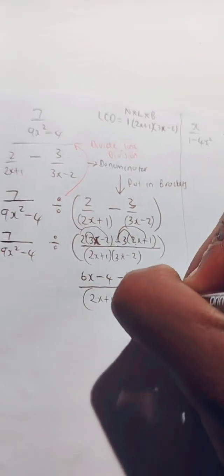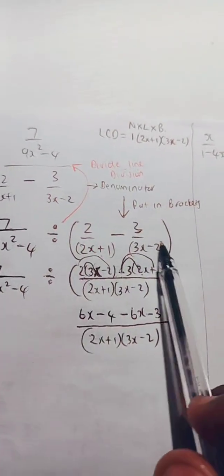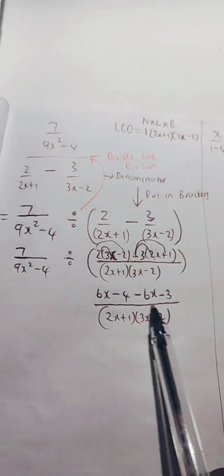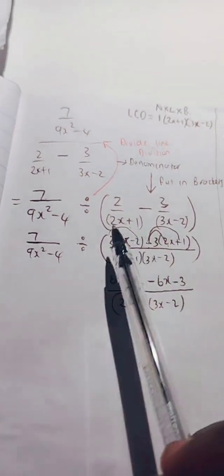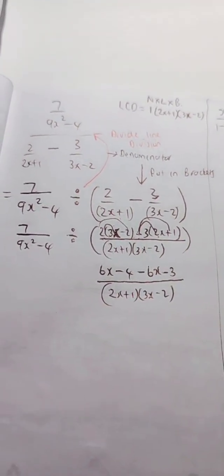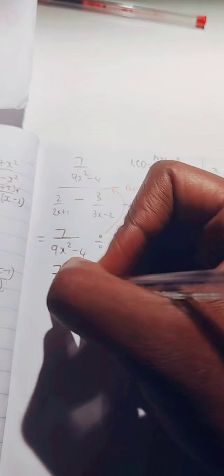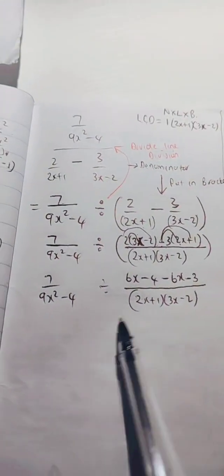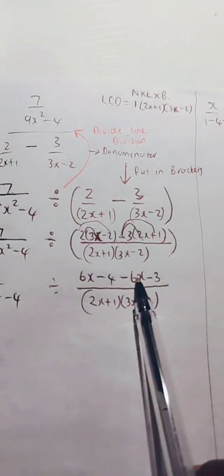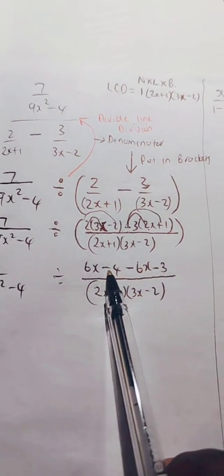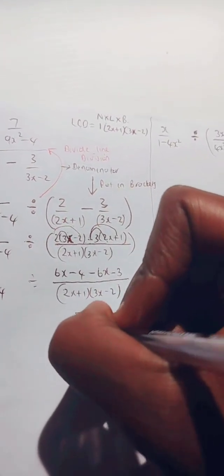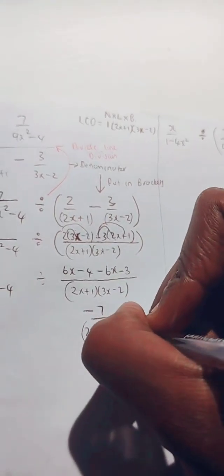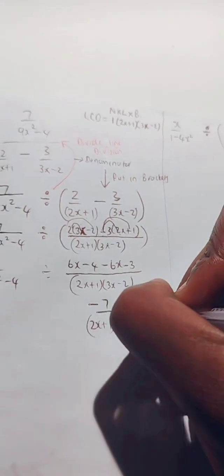Remember, the LCD was designed to make the 2 denominators that are not the same become a lowest common denominator that can be shared for both fractions and with which we can form equivalent fractions. Okay, now what is left? Remember, we are still keeping this for now because we have not dealt with division yet. We now add the like terms. 6x minus 6x is 0. Negative 4 minus 3 is negative 7 over 2x plus 1 into 3x minus 2.